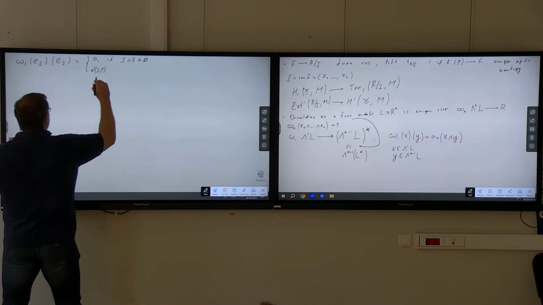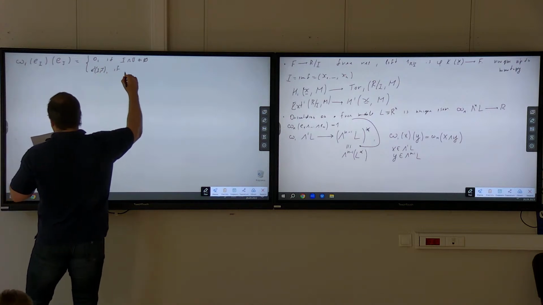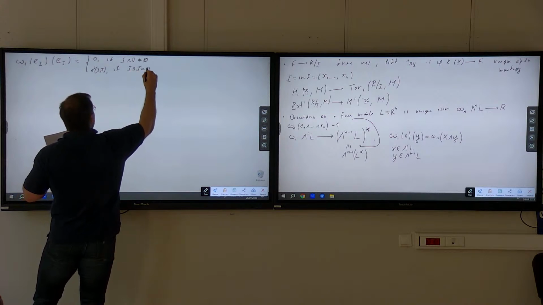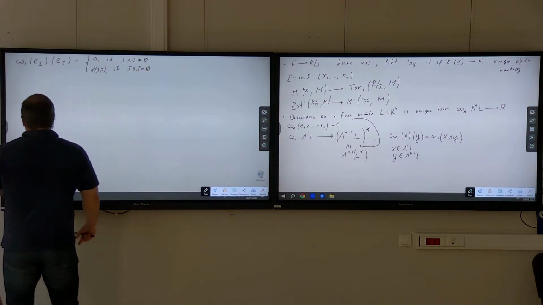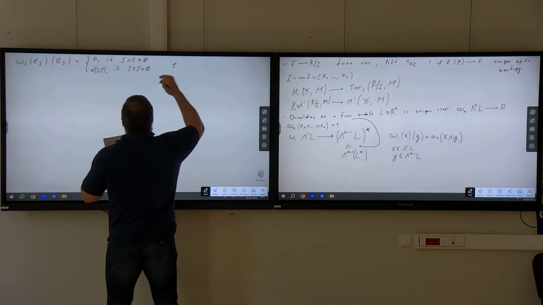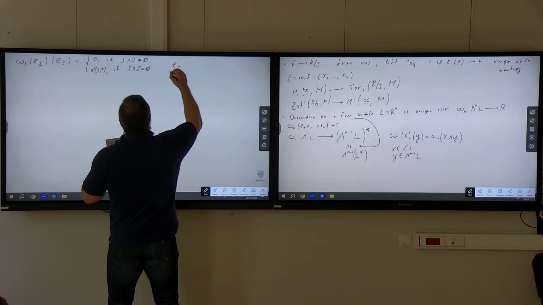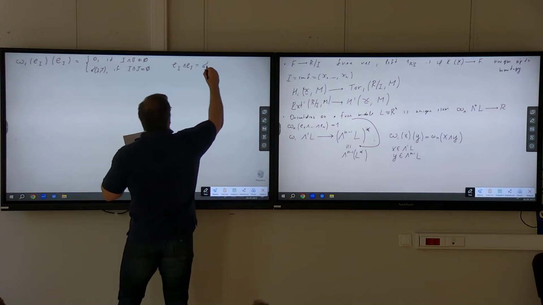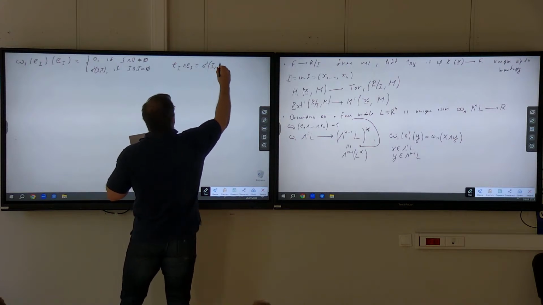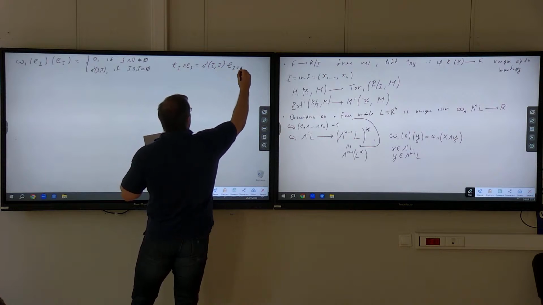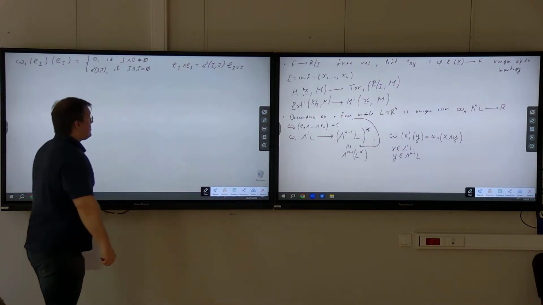I'll explain this in a second. So this sign is the following. If you multiply two monomials, potentially you'll get the sign of a permutation if you take the union of the two multi-indices.